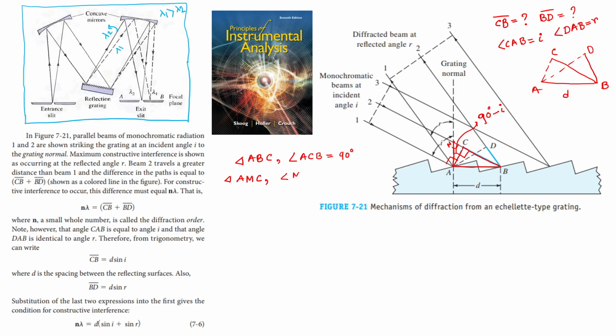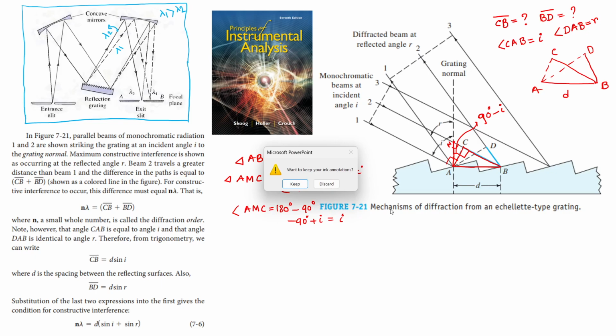We know MAC is 90 degrees minus I, and angle ACM is 90 degrees. Then angle AMC would be 180 degrees minus these angles, which is 90 degrees minus 90 degrees plus I. So your angle AMC is also I.